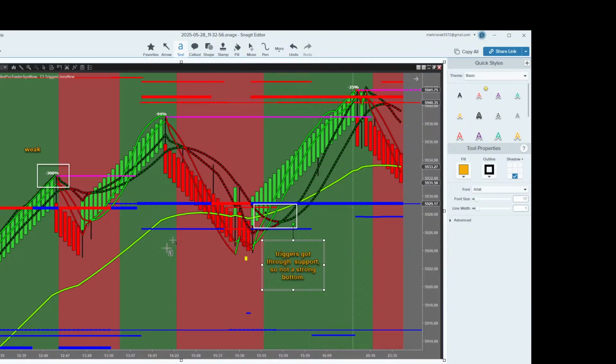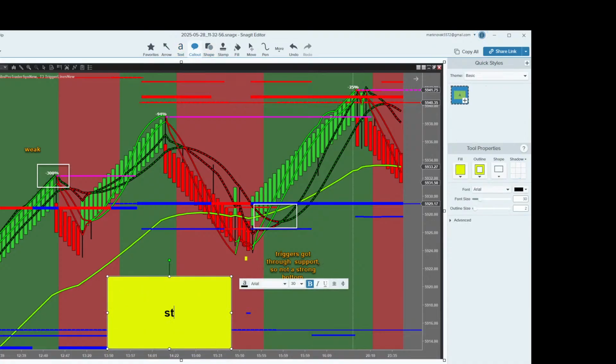And this is why I think that the definition is going to pay dividends for you. So a strong top or a strong bottom is a no triggers through termination that reverses the market. So if you always say to yourself, first it has to be a termination condition.